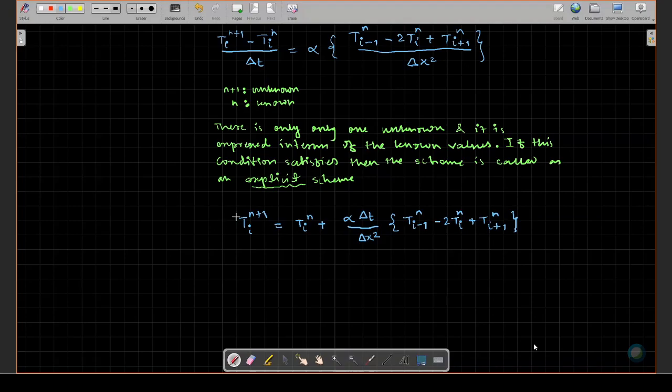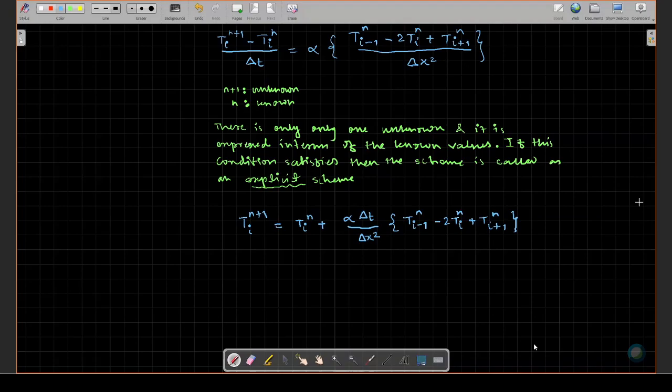It is just a substitution, like an algebraic equation. Solve once for the known values and get the values, then again solve to get n plus 2, n plus 3, like that. Keep on increasing, and you'll get all the time level values just by substituting previous time level values.